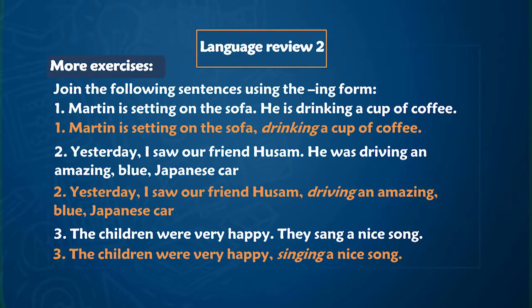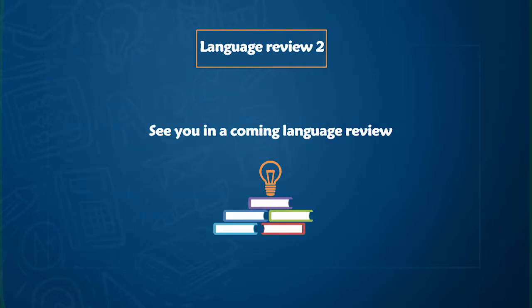The children were very happy, singing a nice song. Okay? Don't forget to change the full stop into a comma. Then what comes after the comma? The verb with the ing.